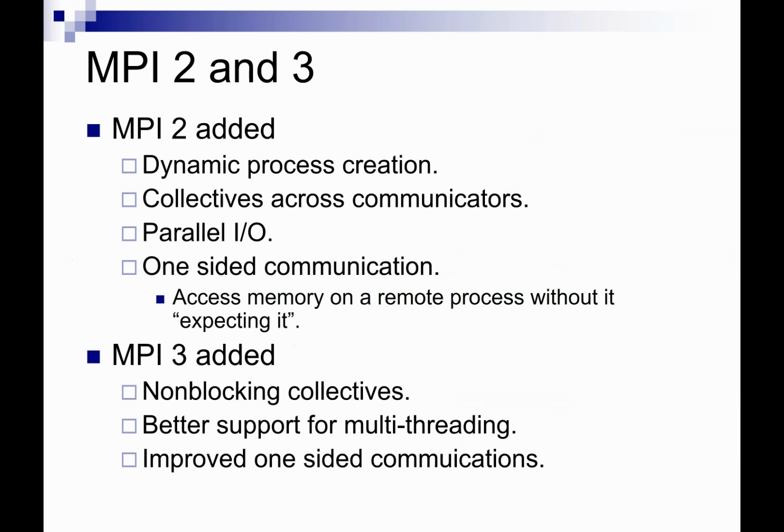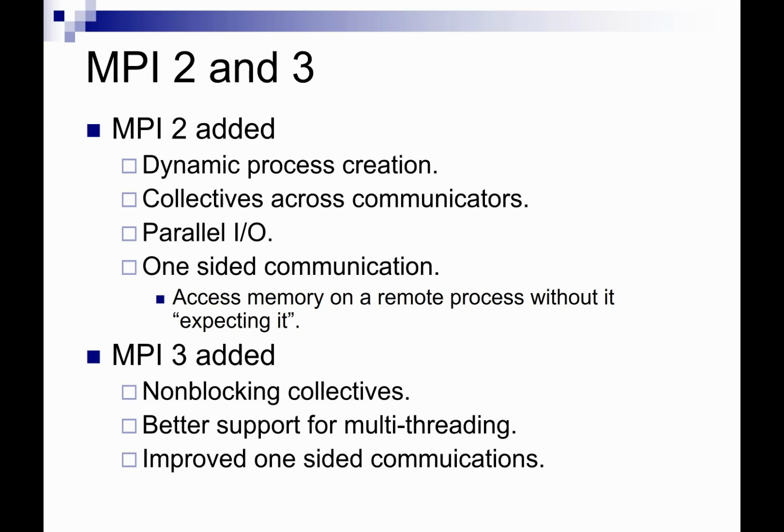The final thing I want to say about MPI is that all of the functions I've described exist in MPI 1. And MPI 1 is actually very powerful, and you can use that to write many programs. However, there are newer versions of MPI, like MPI 2 and 3, and I'm not going to talk too much about them. But basically, what MPI 2 did was that it allows for dynamic process creation.